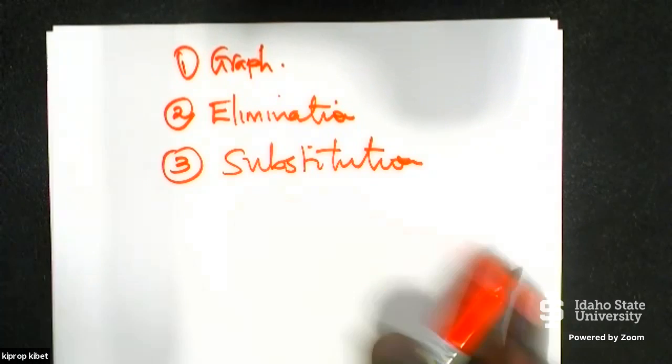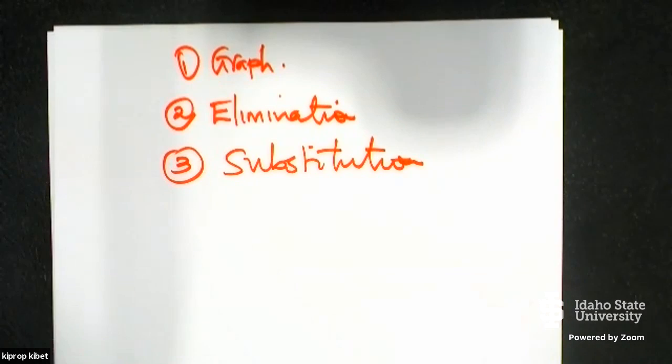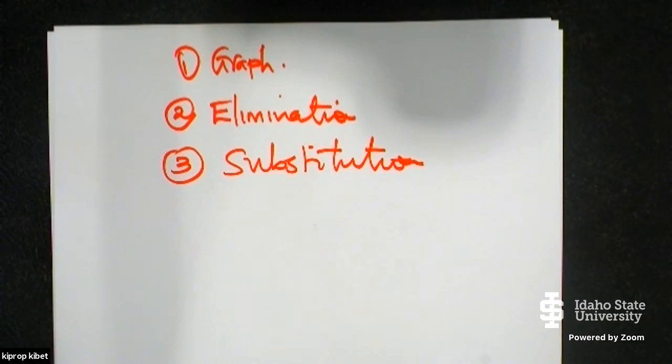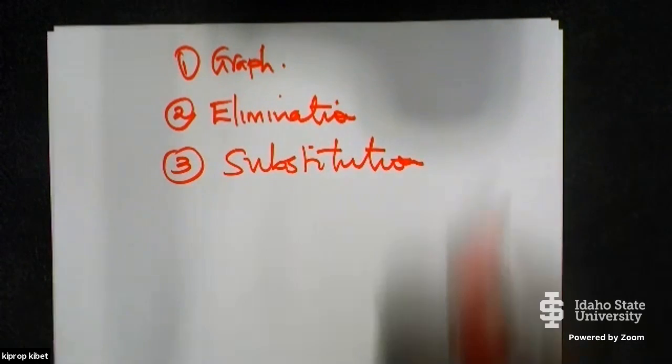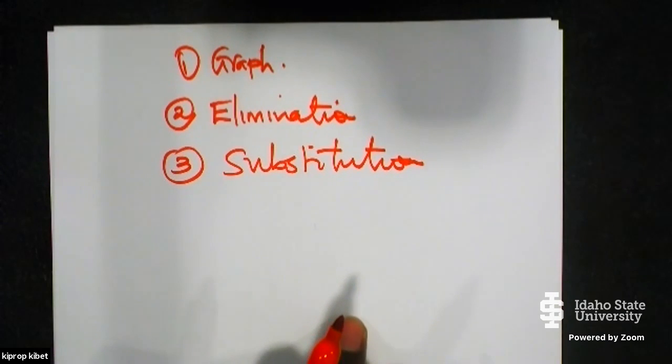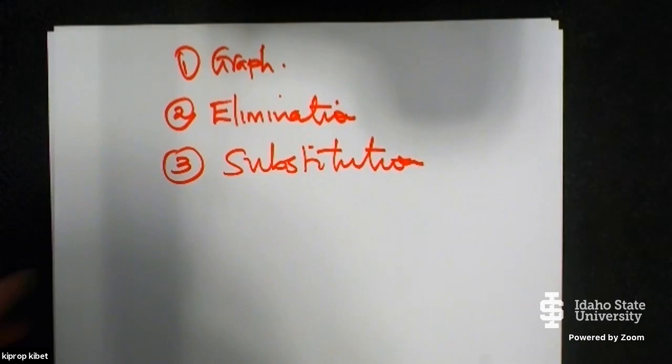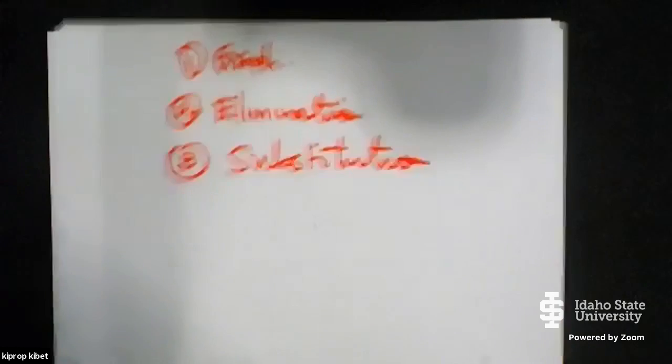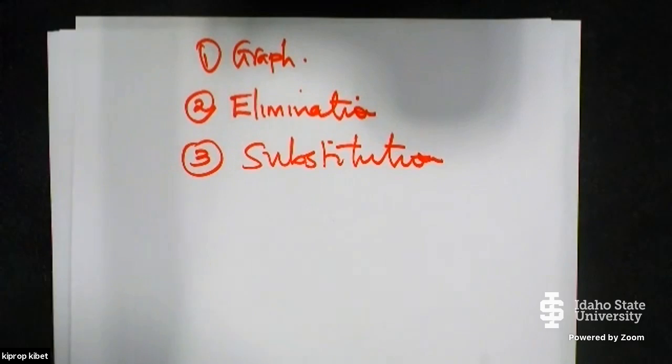Either way, you can find the solution of the system by using any of the three ways. So you should be able to know which is which. Today we're going to look at two methods.